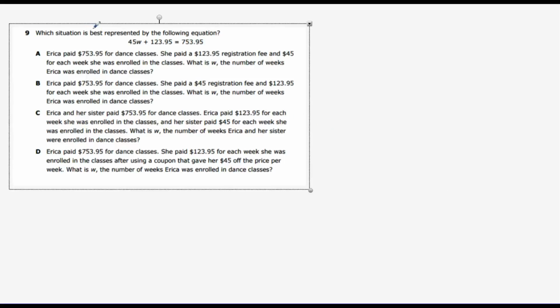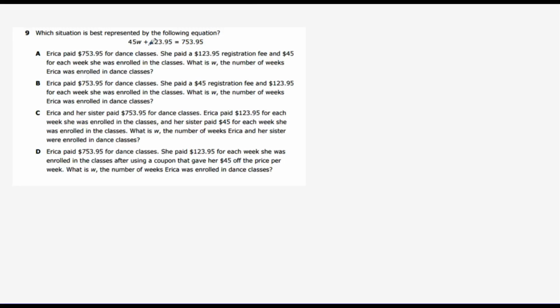Okay, a lot of words here. We can do it. Which situation represented by 45W plus 123.95 equals 753.95? Okay. So let's get an idea of what these should be. So 45W means 45 times something. So 45 needs to be a rate.